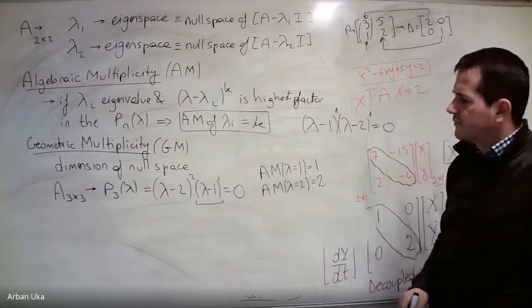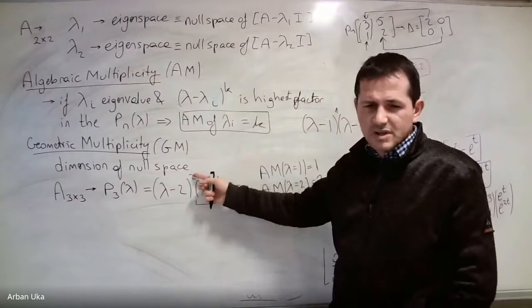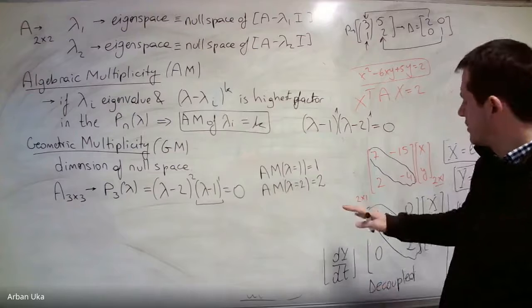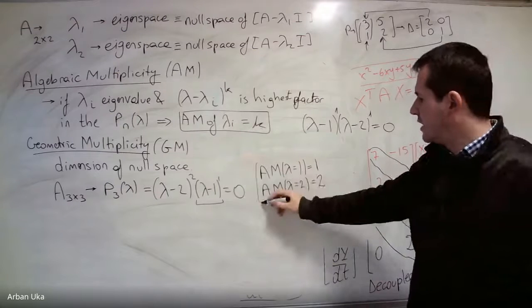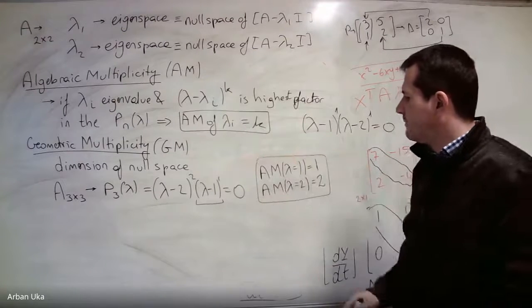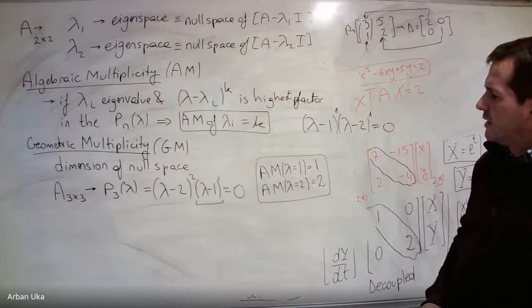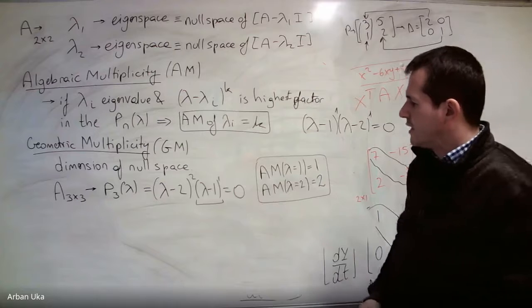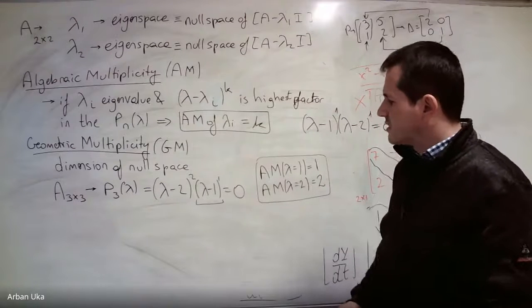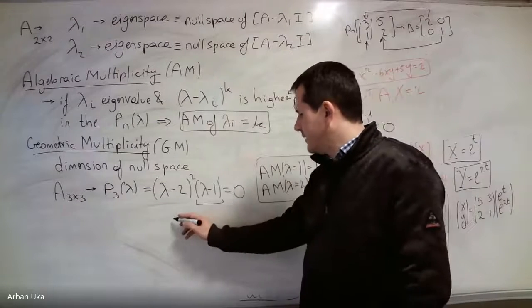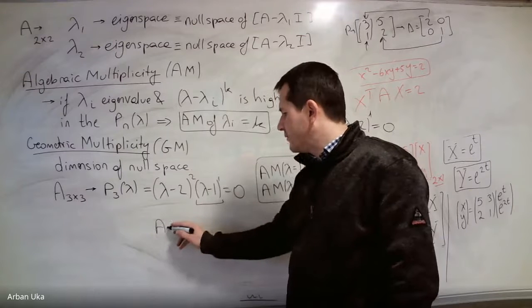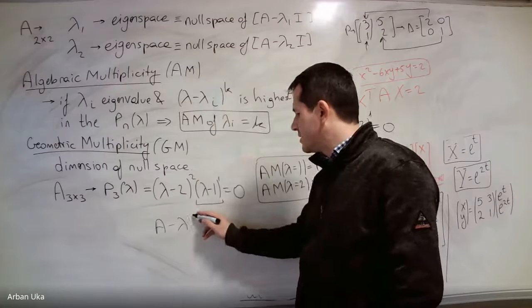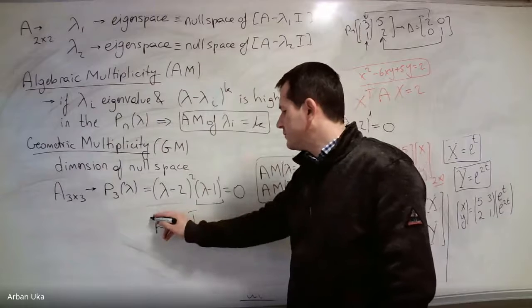Because this is the power that we observe. We're just going over a couple of examples. But what could happen is that sometimes, for a specific eigenvalue, the dimension of the null space differs, because let's not forget, we try to find the solutions of matrices that are going to look like this.